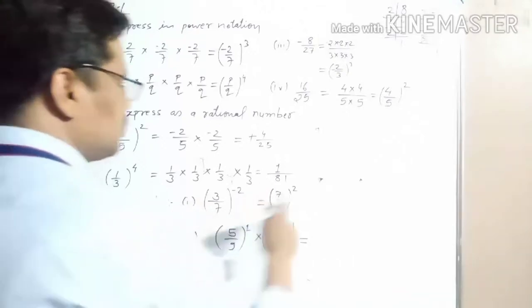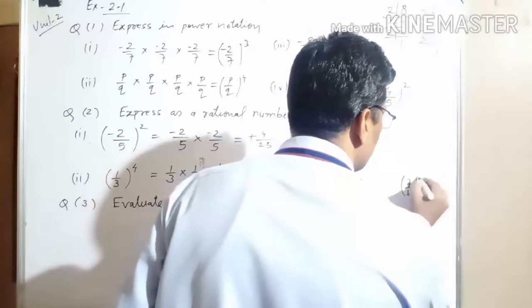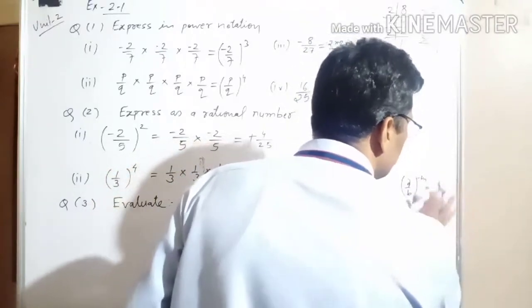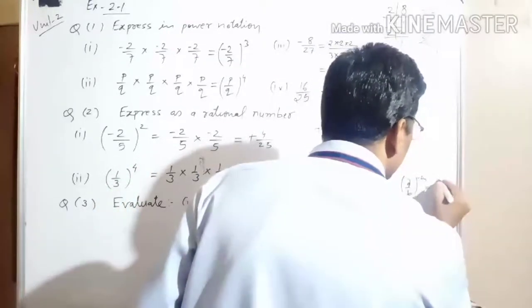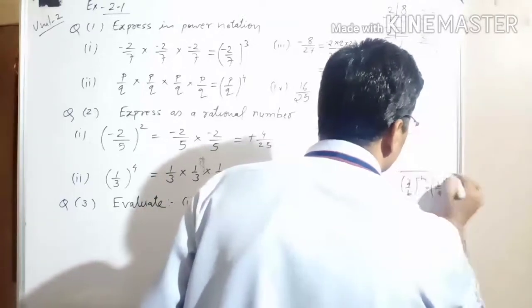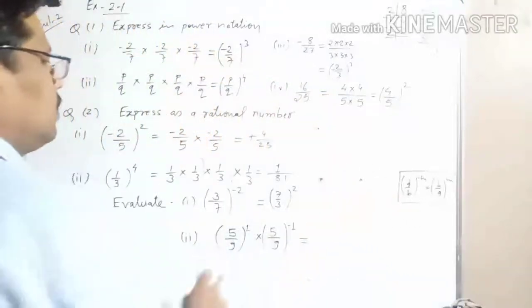By which formula? I am writing the formula which I showed you: A upon B power minus N is equal to B upon A power N. This rule we are using. Don't forget to write this rule here. So 7 upon 3 power 2.